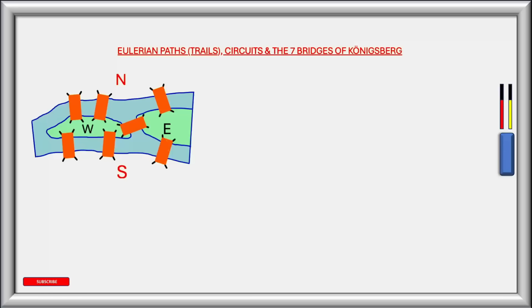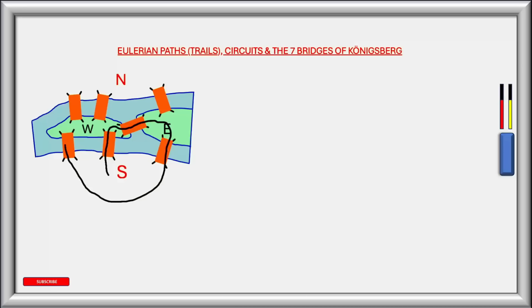So this time we'll start on the south bank and we'll head across this bridge to the West Island. Then we'll go from the West Island to the East Island, and we'll use this bridge to get back onto the South Bank.